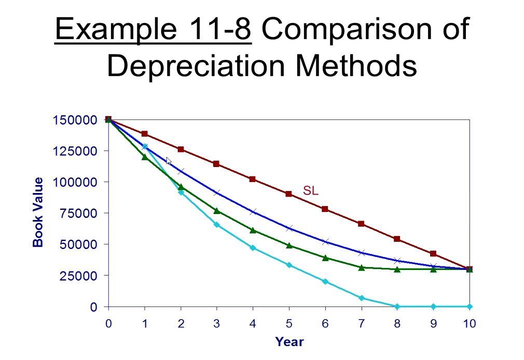The next one is the sum of the year digits, and then here we also have the double declining balance. And if you look at the MACRS, you see something like this blue line. So it's depreciated sooner.